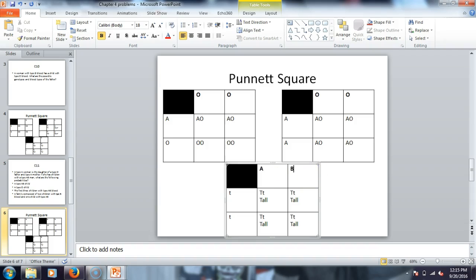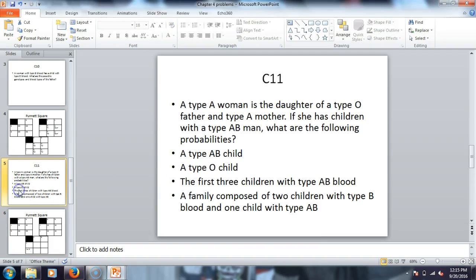So she's mating with a Mr. AB. Problem is, she definitely has one A, right? We just don't know, this other one's a question mark, right? Is it A or is it O? But I was just going to say, do we have enough information to figure out what she is?